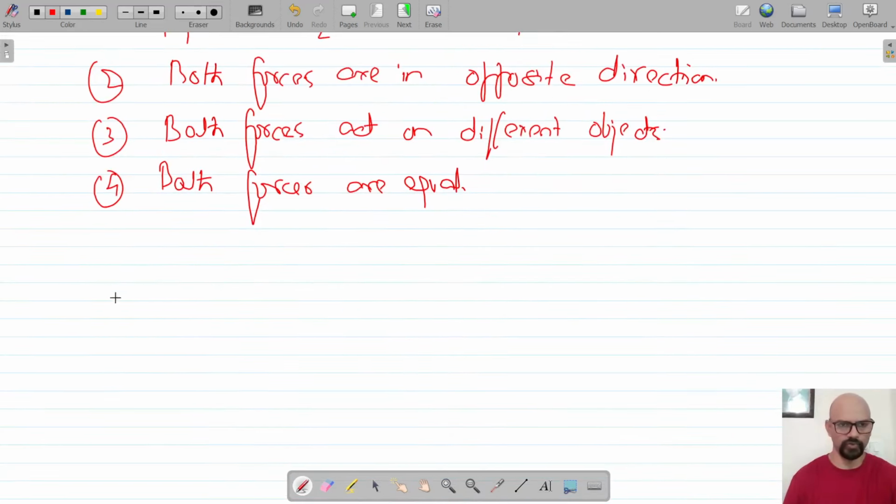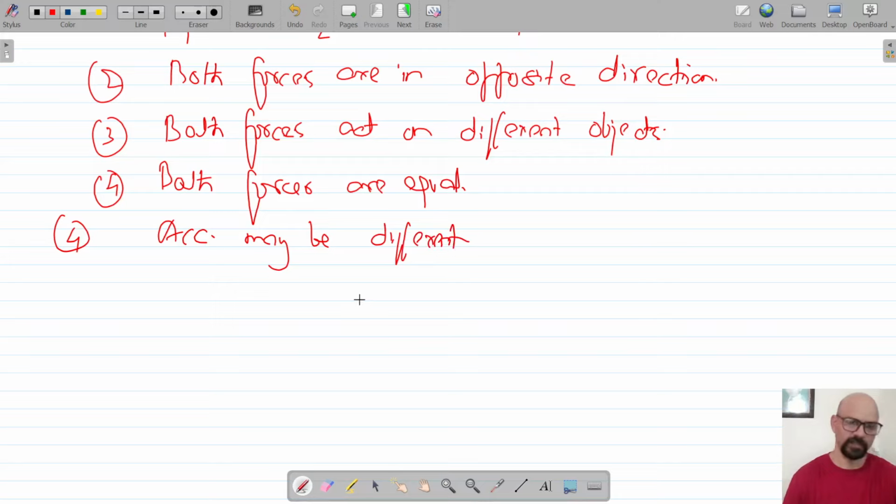However, if they produce an acceleration, the acceleration may be different. We are going to explain this. The acceleration is different because of the different masses of the two bodies.